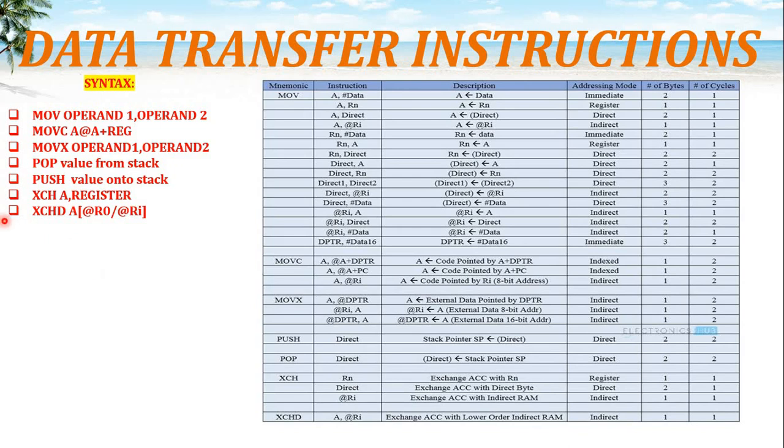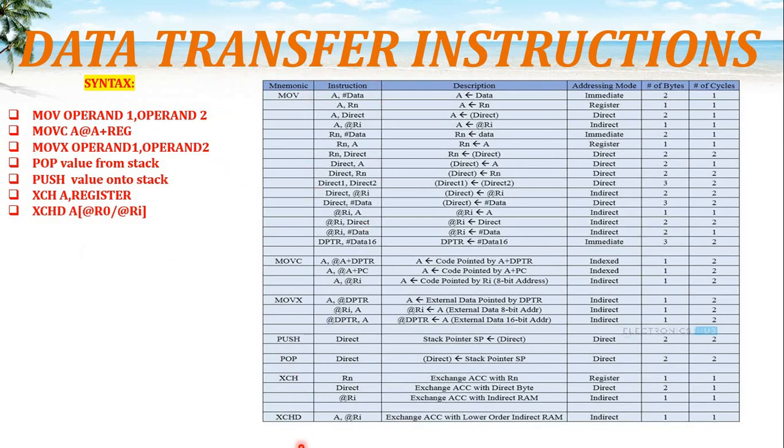If I'm going to exchange a digit with the indirect RAM, I can use exchange digit accumulator with indirect RAM, that is @Ri. If I'm going to use it with the higher order RAM, then I need to use exchange digit A comma @R0. These are the various types of data transfer instructions.